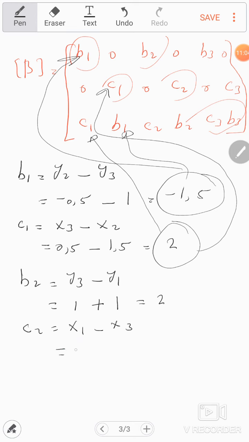Therefore, minus 1.5 minus 0.5 equals minus 2. Same, substitute your values here for b2 and c2.